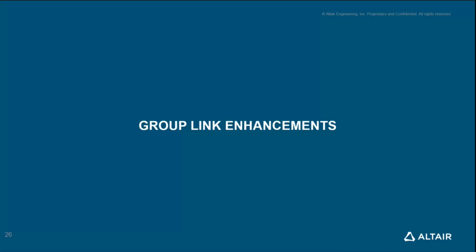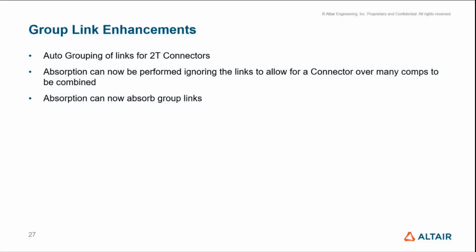We've now tried to make that a lot simpler and more straightforward, so we can automatically group those for you if the number of links is set to 2. So you've got auto grouping of links for 2T connectors for spots and lines.